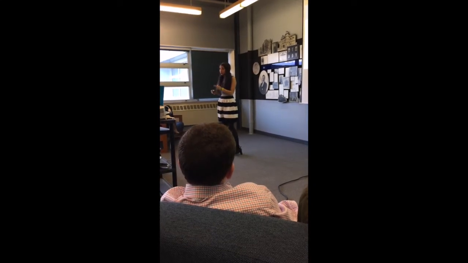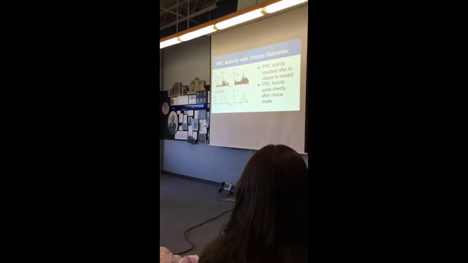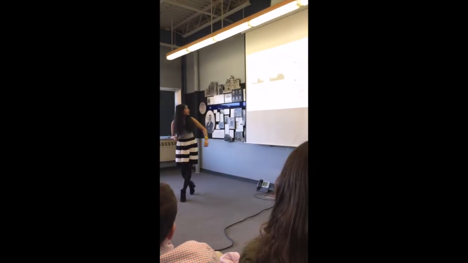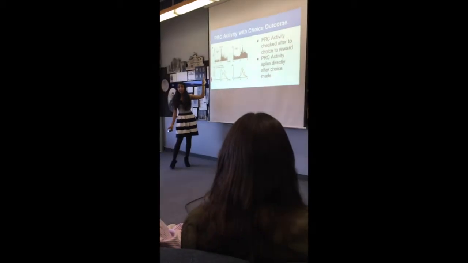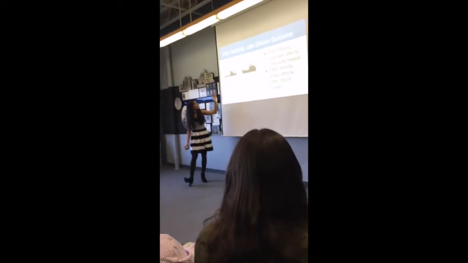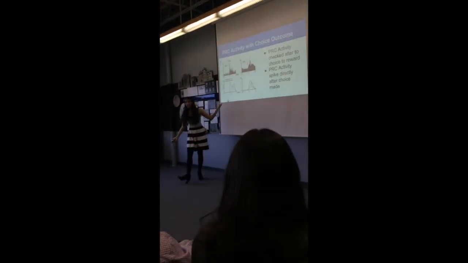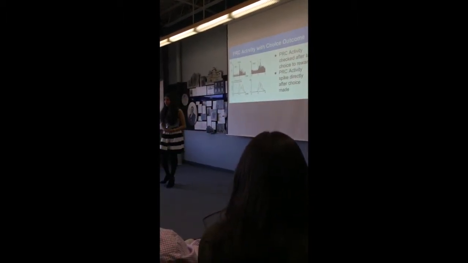So the outcome of the choice affects PRC activity as well. As you can see here, the most significant spike in firing rate was directly after the choice was made at 0 seconds. Any questions?